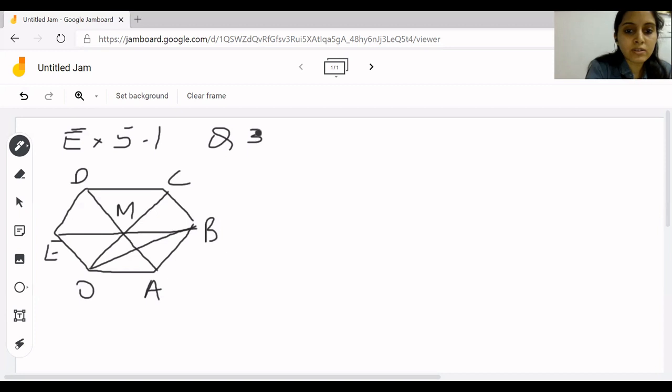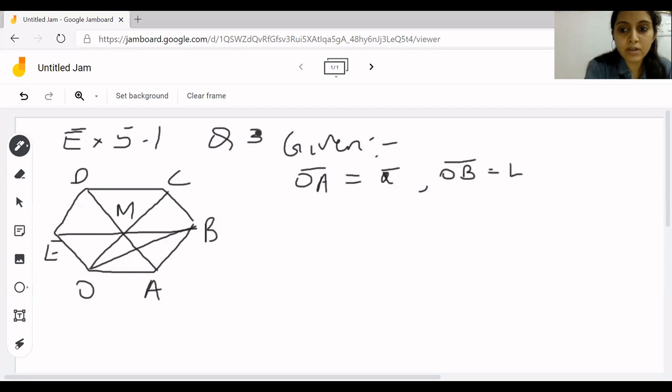Now what is given to us? OA bar is equal to A bar is given, and OB bar is equal to B bar given. Let AD, BE and OC meet at M, then M bisects AD, BE and OC.